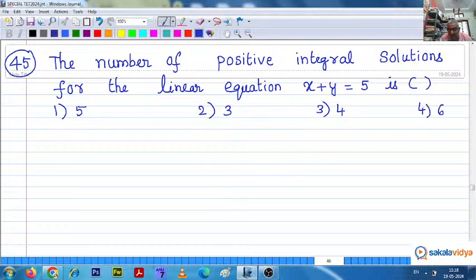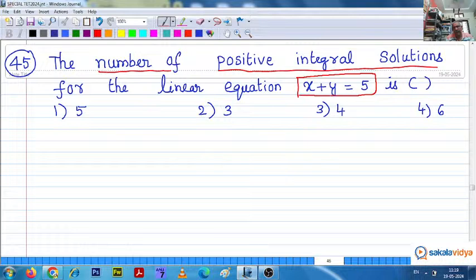So we need to write the possible solutions, that means positive integers, of the linear equation x plus y is equal to 5.